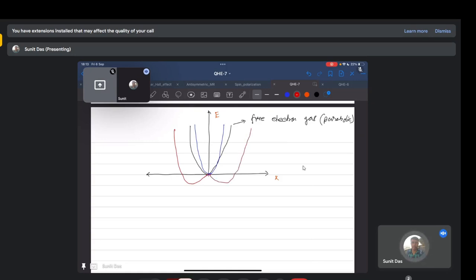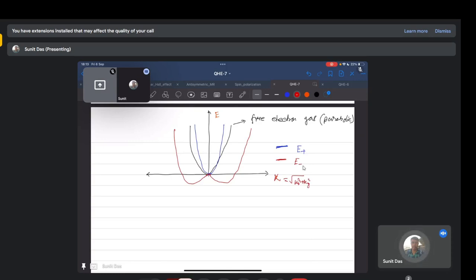These should be symmetric, but nonetheless. Blue color represents plus eigenenergy, and red color represents minus eigenenergy, E minus. And I plot this with respect to k, which is the root of kx square plus ky square.